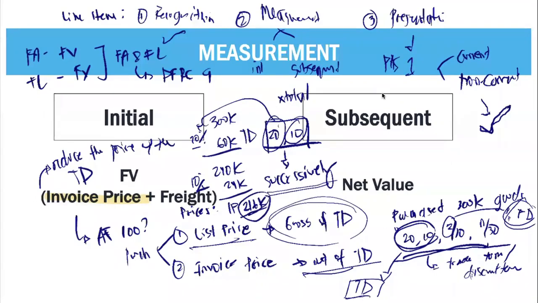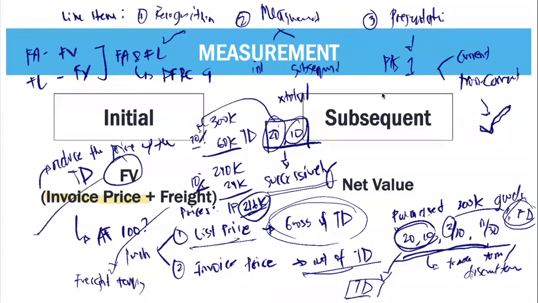And then you add any freight. Later on, we will talk about your different freight terms. But I know you have already finished this when you went through your AE 100 and also AE 105. So long as your initial is fair value, that is invoice price plus freight.